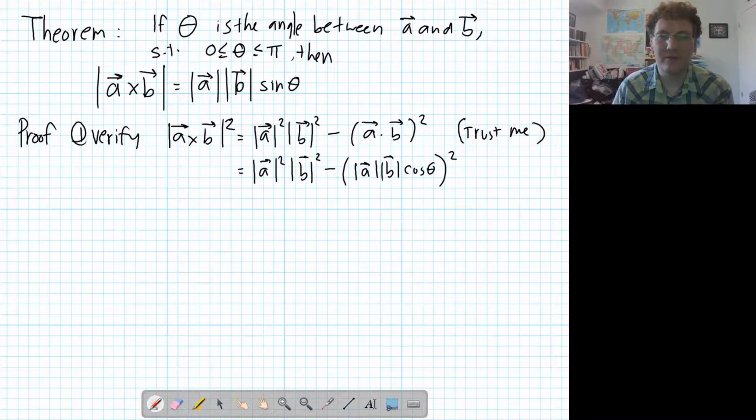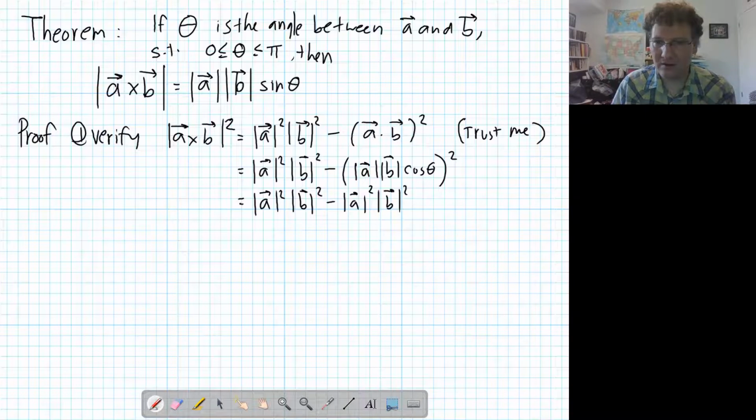This is a theorem from the previous section. Now we can expand out this side. We have the magnitude of A squared, the magnitude of B squared, minus the magnitude of A squared, the magnitude of B squared, cosine squared theta.